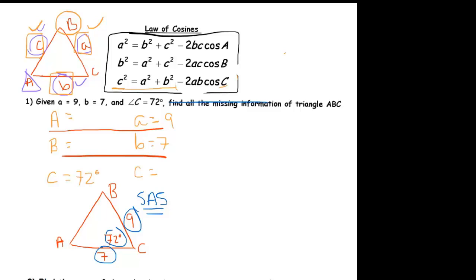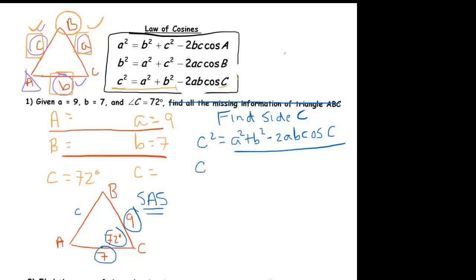We are not going to find all the missing information. We are just going to find side C in this example. So to find side C, there's side C there. I'll use the version of the formula that starts with C squared. So C squared equals A squared plus B squared minus 2AB cosine of C. We know all this information.